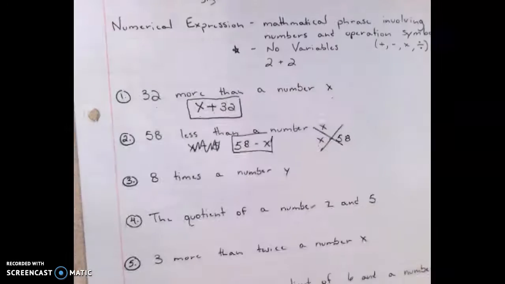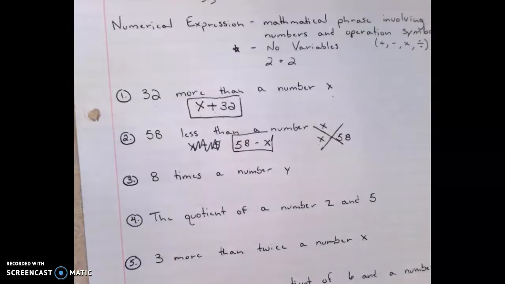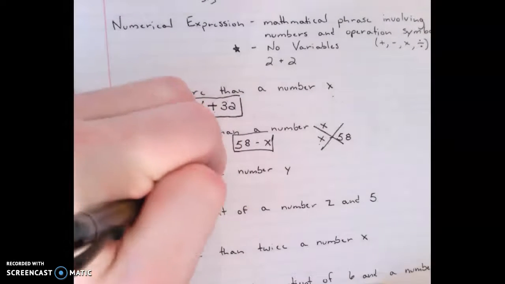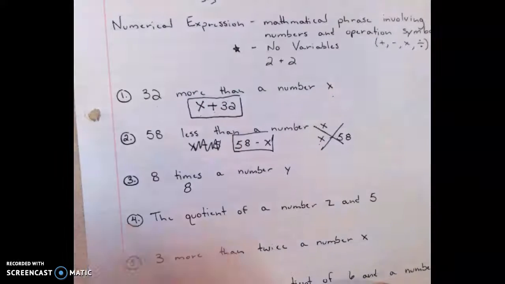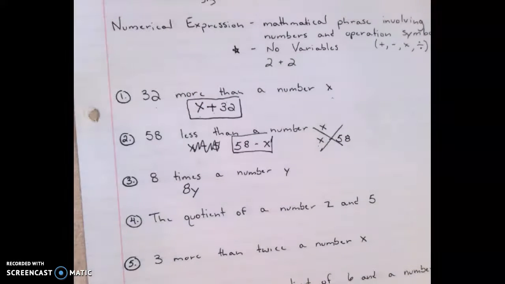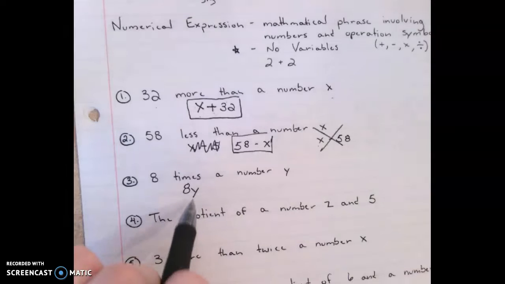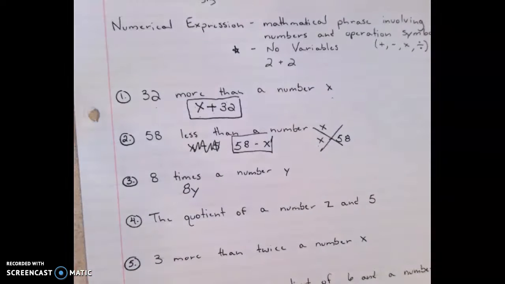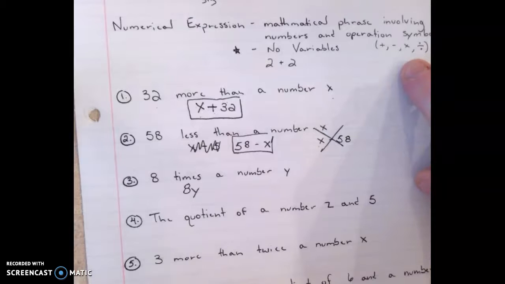Moving ahead, our next problem, number 3: 8 times a number y. Times, pretty straightforward. We're doing multiplication, so it's 8 times a number y. As we get older, guys, and move into algebra and higher math levels, whenever we do multiplication, we always write the number and the variable side by side instead of putting the multiplication symbol.